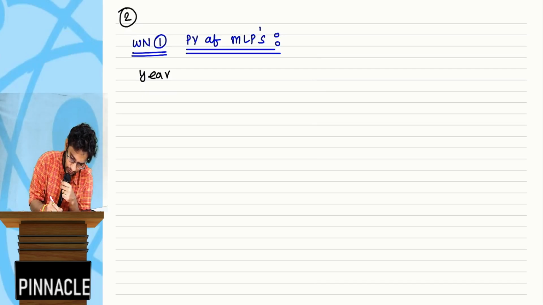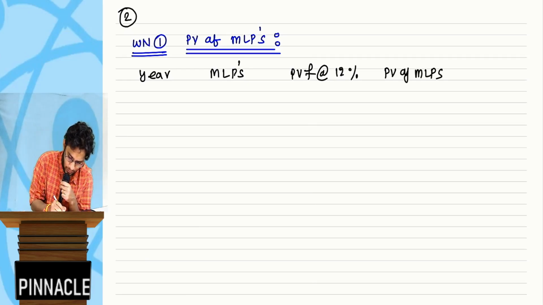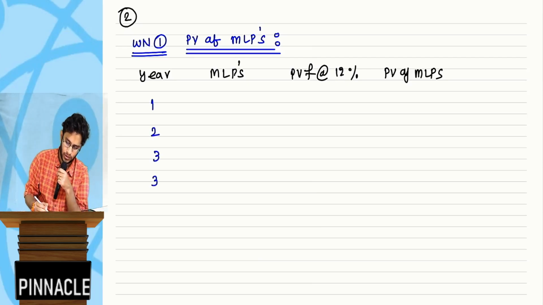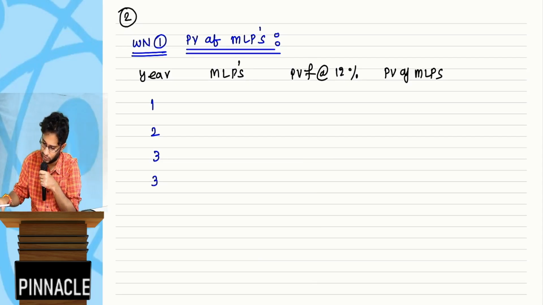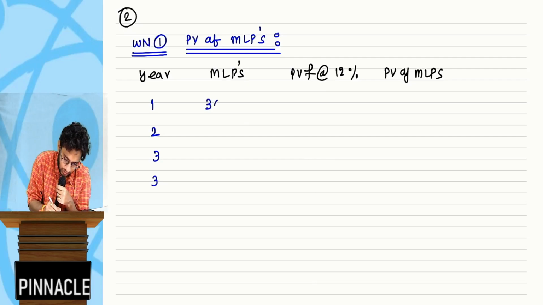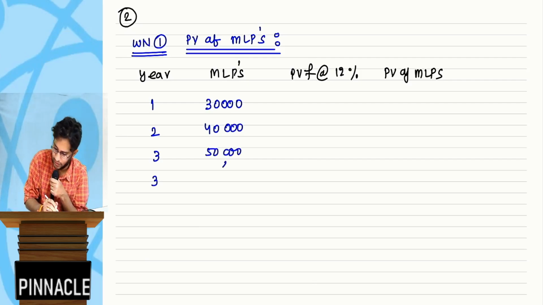Here, MLPs, PV factors at the rate of 12%, PV of MLPs. Years 1, 2, 3. The amounts are 30,000, 40,000 and 50,000, and at the end of the third year, the lessee also provided a GRV of 10,000.